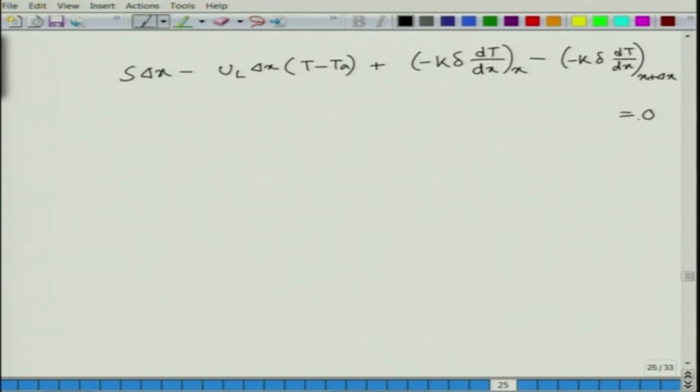Why is that? Let me just write what these terms are.